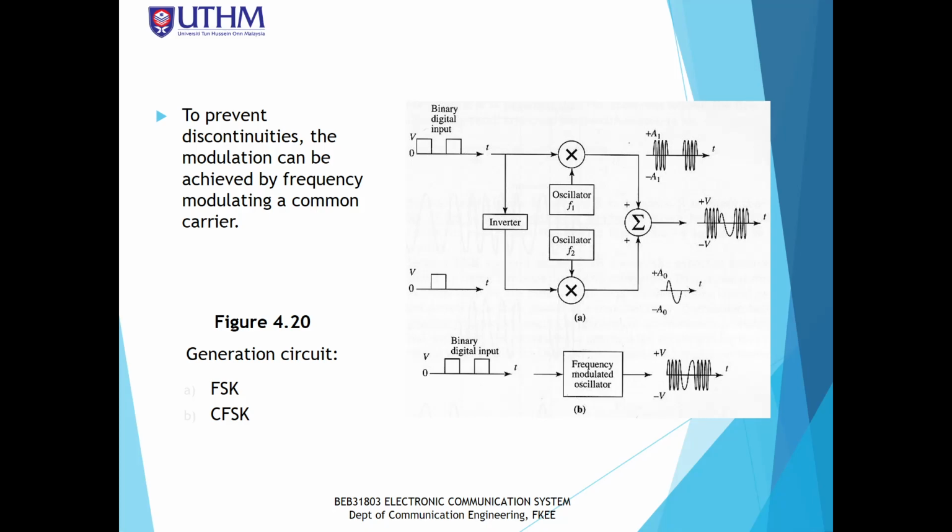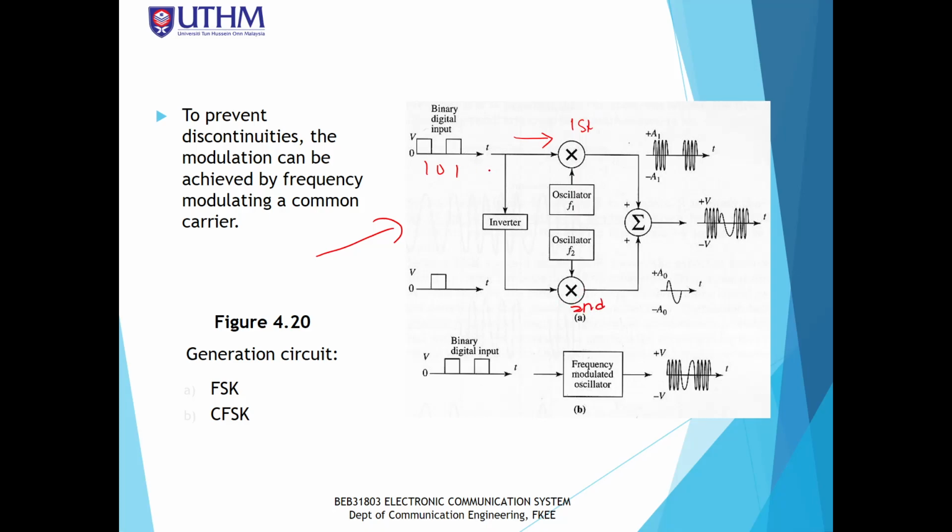You see the first picture, A and B. In picture A, we use a multiplier, and we use two different oscillators with different frequencies. The input here is 101, and this 101 is put inside the first modulator. And here you can see the second modulator.